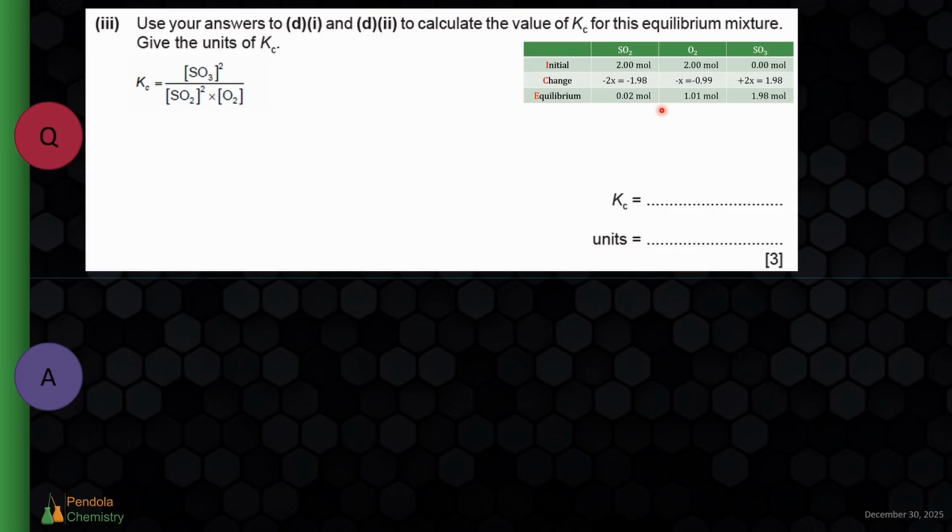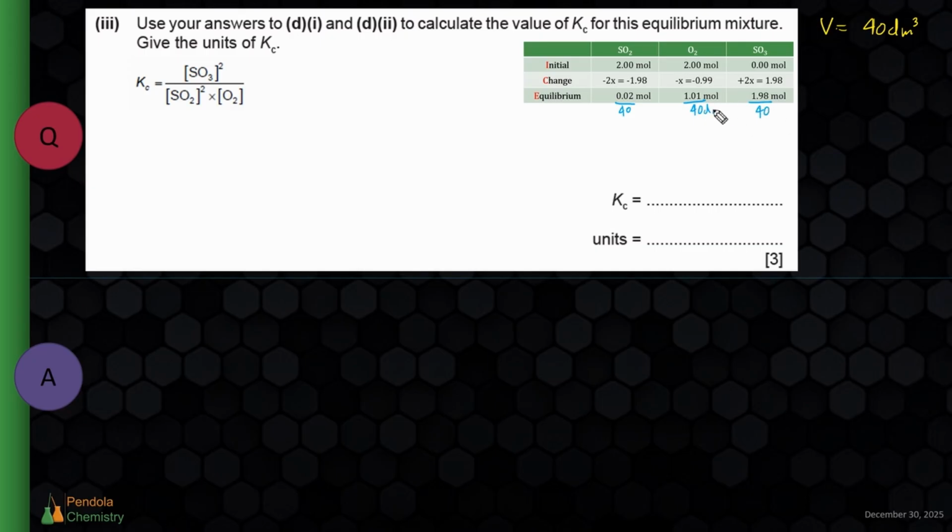If you remember from that first problem we did, it told us that the volume of the mixture was 40 cubic decimeters. So in order to convert all of these into concentrations, we need to divide every one of these numbers by 40 cubic decimeters. So I divide the 0.02 by 40, the 1.01 by 40, the 1.98 by 40.